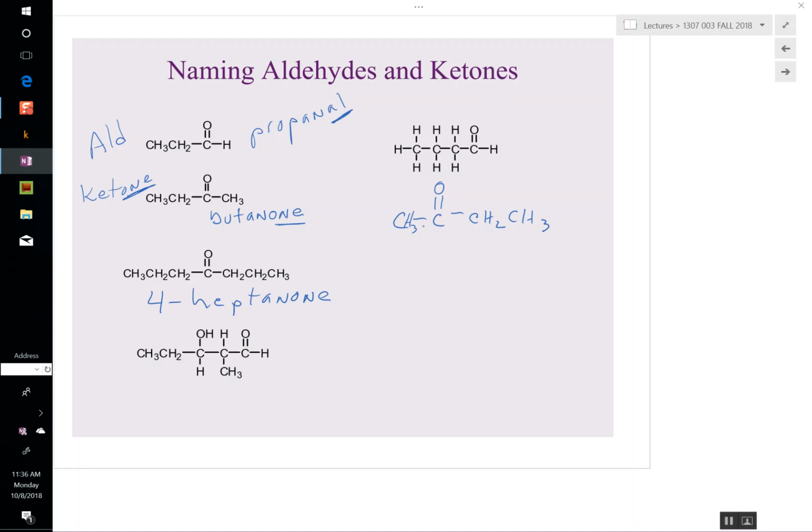So there's no 5-heptanone. There's only a 2, a 3, or a 4. Those are the only 3 heptanones that are unique heptanones. You don't just keep counting all the way across and come over to here and get a 6-heptanone. That is 2-heptanone. Confusing, huh?